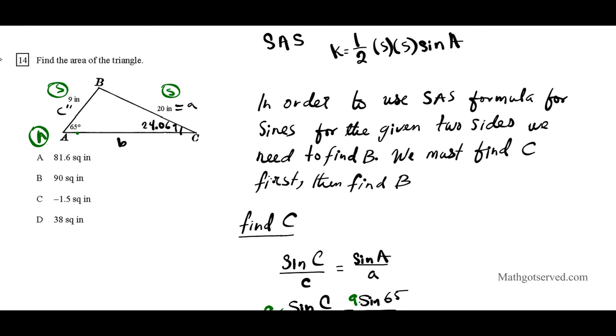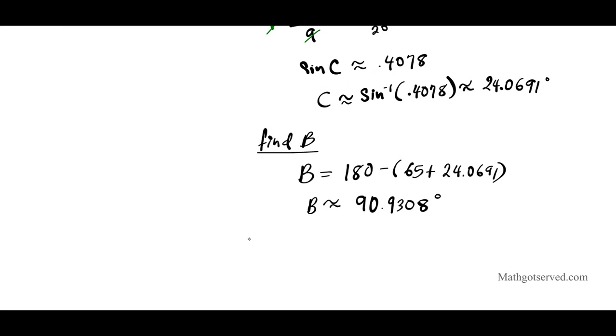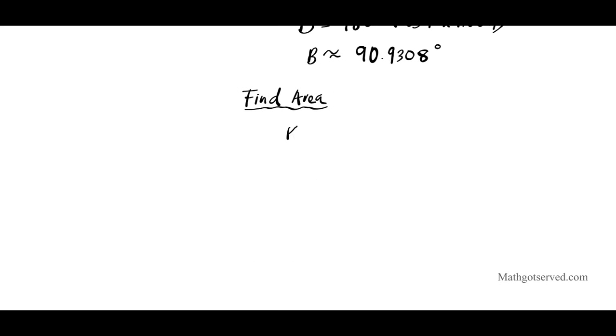Absolutely not. We're looking for angle B because that can help us find the area. So now we can use the SAS formula using little c, little a, and big B to find the area. To find the area, we're going to use the formula K equals 1 half AC sine B in this situation because we have SAS.